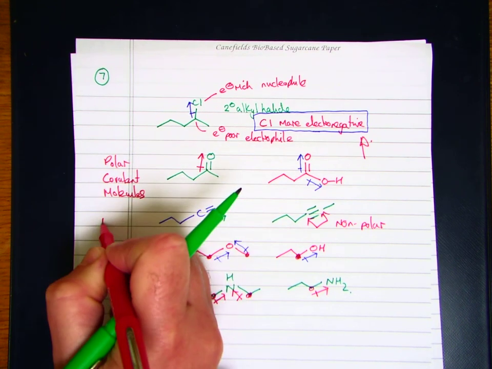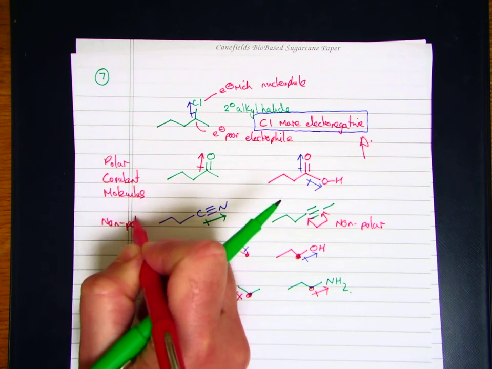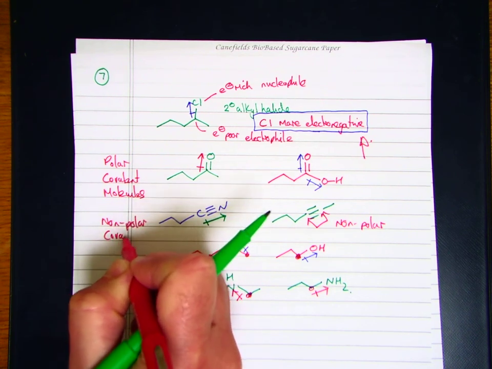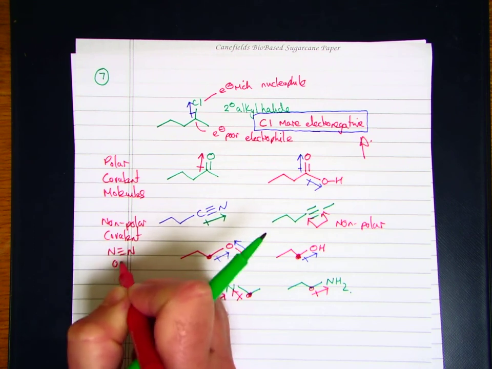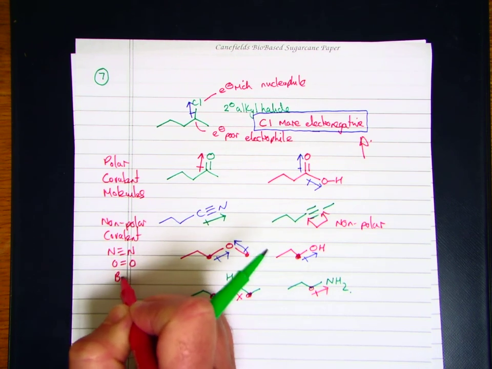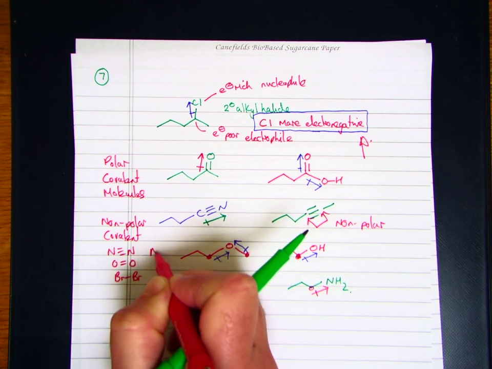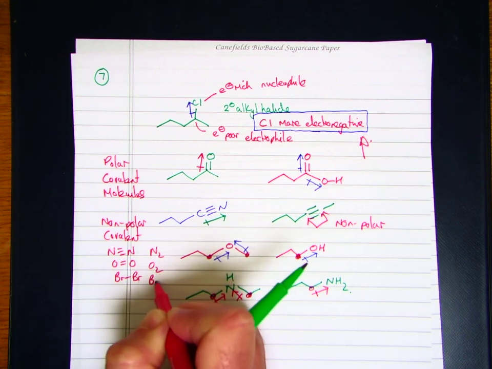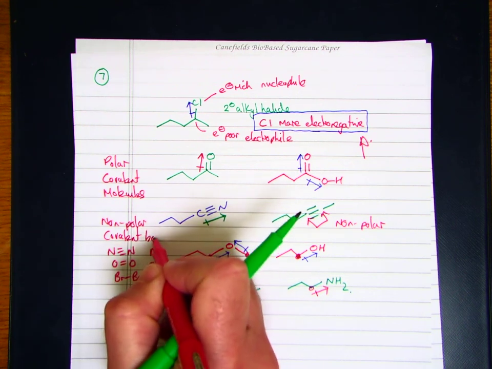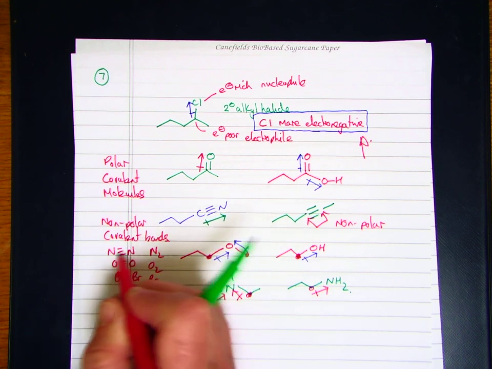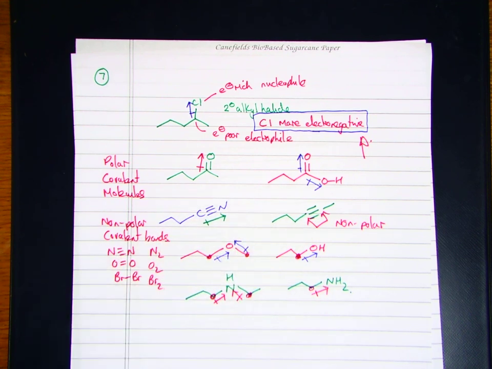The only time we get nonpolar covalent molecules is if we have atoms that are the same, such as in nitrogen or oxygen or bromine. Okay. Those are nonpolar covalent bonds, because the atoms are the same in either. The nitrogen's electronegativity is the same as the other nitrogen.